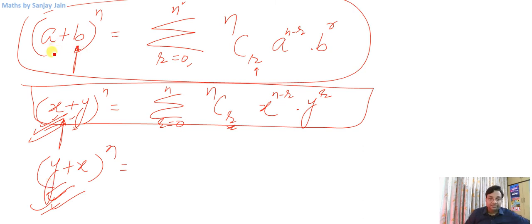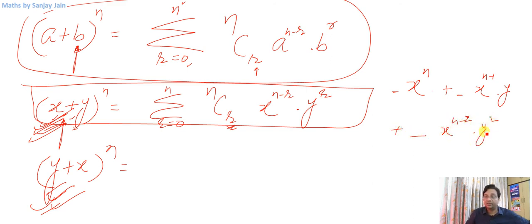Okay, what I'm saying is, when I write (x plus y) raised to power n, I start with the term having x raised to power n and y raised to 0. Then for the next term, I'm not talking about the coefficient for a moment, I take 1 from x and give it to y. The next term is x raised to power n minus 2, y squared, and like this.